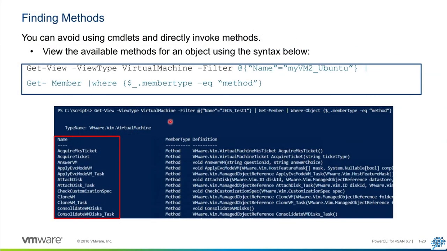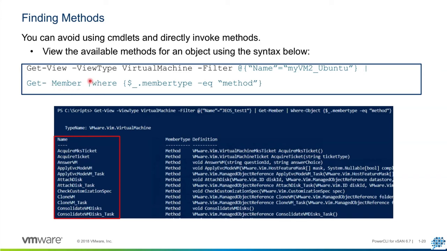First of all, I'm going to use the regular Get-View syntax to pull out the details of this virtual machine called myvm2_ubuntu. I'm using the same syntax which we have used earlier, that is a view type VirtualMachine and then filter with the name of the virtual machine. I'm taking the output and piping it into the Get-Member commandlet, which we have used many times before.